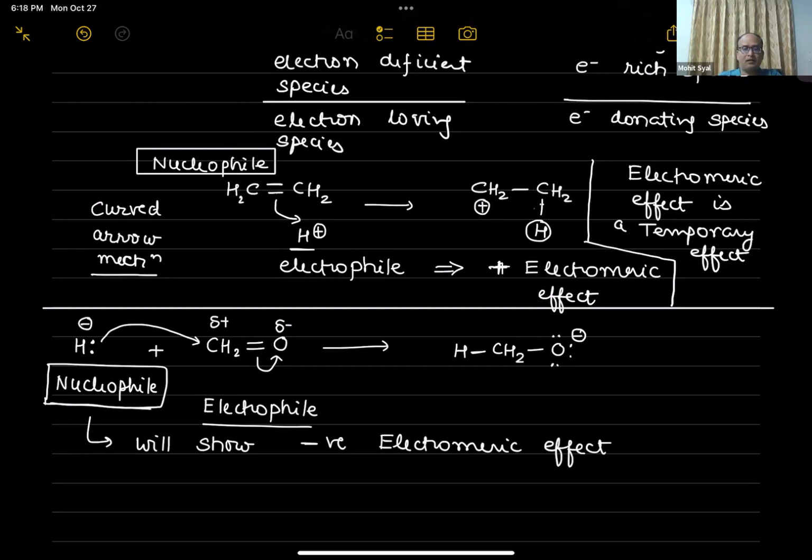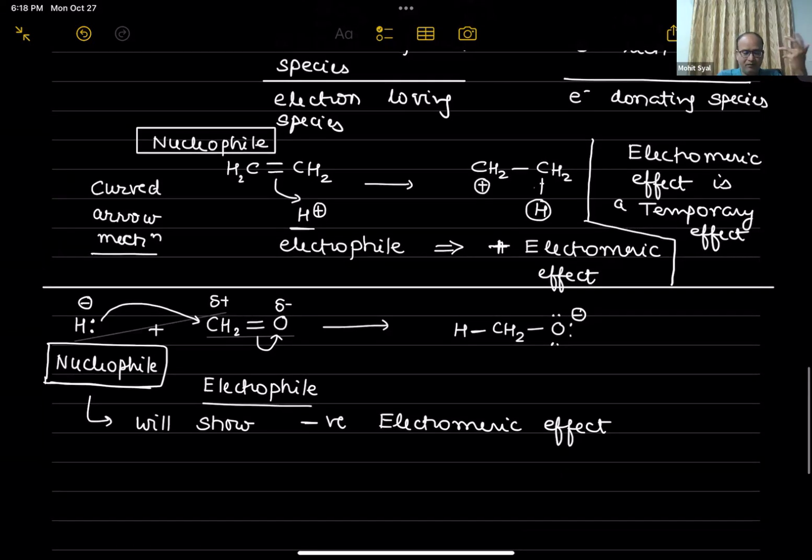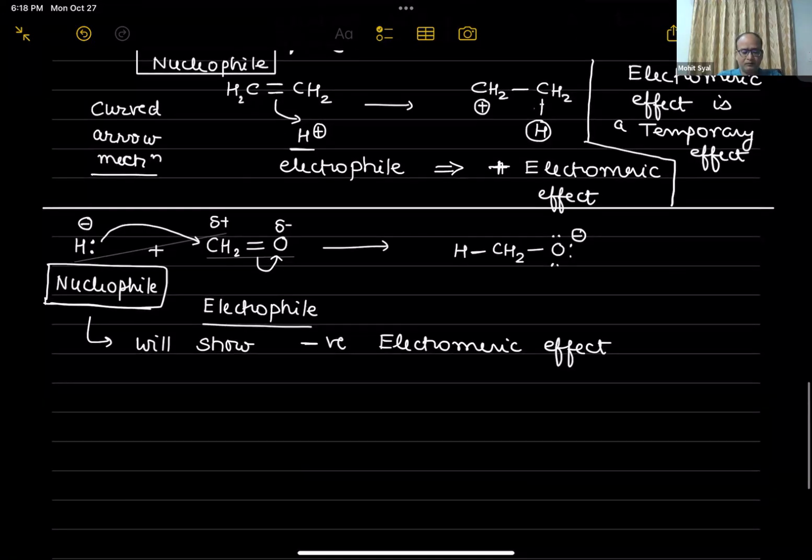On the other hand, nucleophiles push the electrons because they themselves have their own electrons. So why would they get more electrons from the double bond? They will not get. They will push the double bond. Got it? Is it clear or not? So negative electromeric effect. This is how we are going to show it.